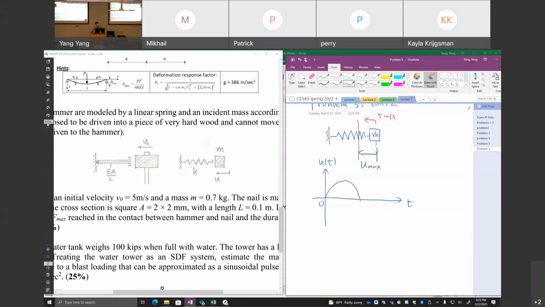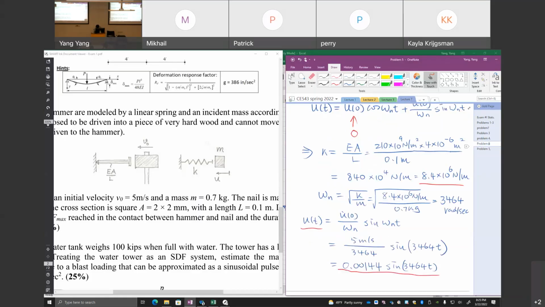So when will you have the maximum contact force between the nail and the hammer? That's where we have the maximum displacement. So that means the maximum force will be equal to k times the maximum displacement. What is k here?